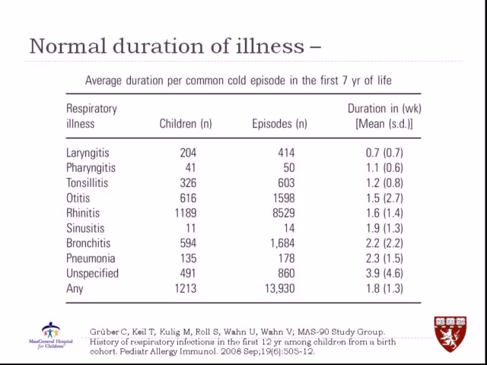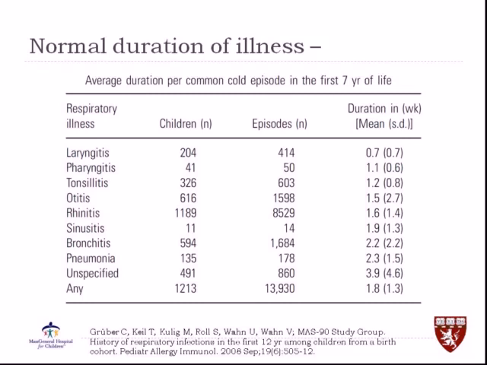Now, what is the normal duration of illness? So again, thousands of children, thousands of episodes that they followed, and as you can see, 2 weeks here with a standard deviation of 1.3 is the average duration per common cold episode.